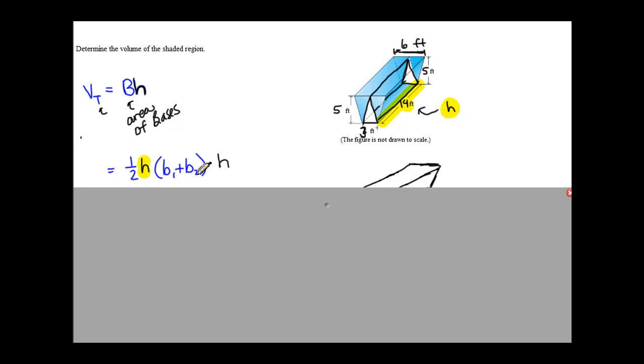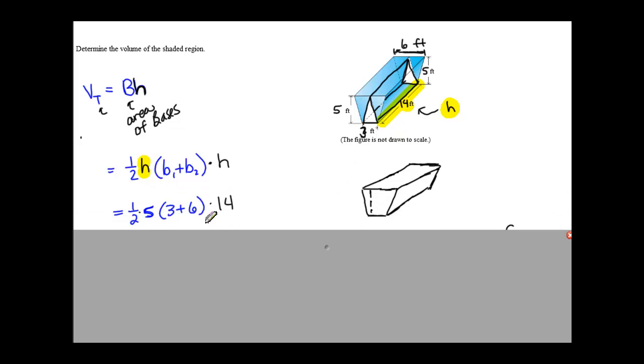So everything that was written here in blue is finding the area of the base, the area of the trapezoid. And then we'll multiply that by the height of the prism. Okay, so what we have here, and if it helps you to make another drawing where you just have the trapezoidal prism, here we've got the height of the trapezoid was given as 5 feet, and then we have a base that was 3 feet, and then also given in this other trapezoid we have the other base is 6 feet.